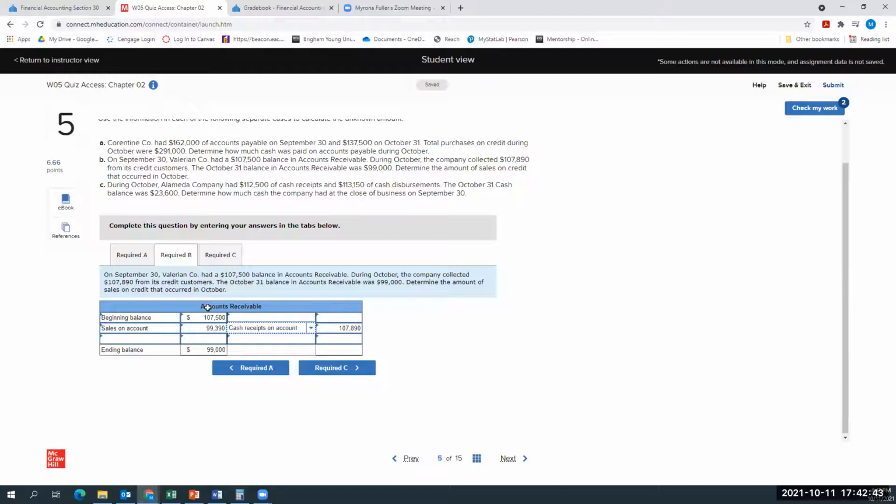So if my beginning balance was 107,500 and I received 107,890 in cash, then in order to have an ending balance of 99,000, I must have had 99,390 in sales dollars on account.